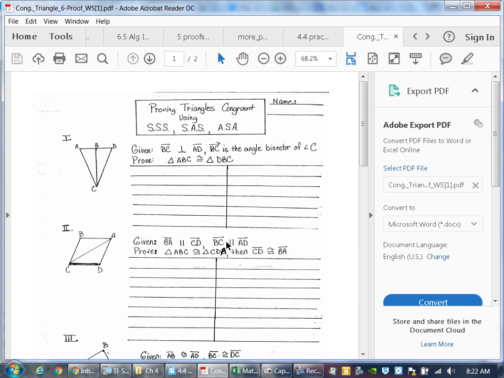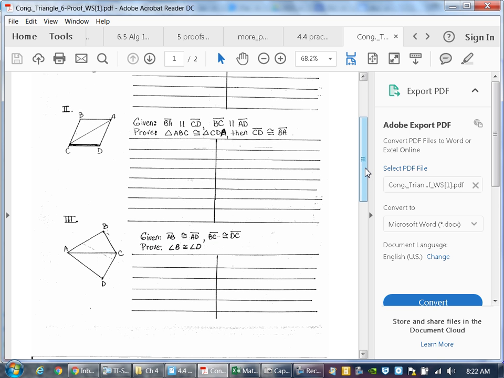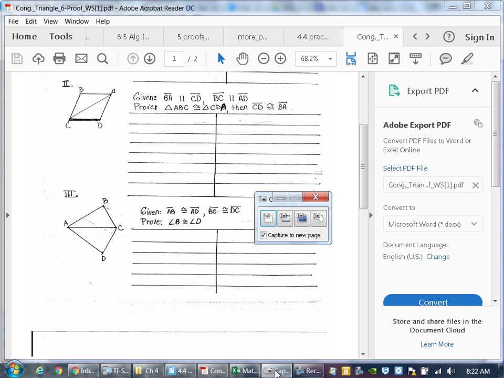On this sheet of paper, there are a couple of things that we don't know how to do quite yet. So what I'd like you to do, on number 2, cross off where it says then CD congruent to BA. But don't completely cross it out, just lightly cross it out because we'll explain what that is tomorrow. All you have to do is prove ABC is congruent to CDA. On number 3, let me show you what to change it to real quick.